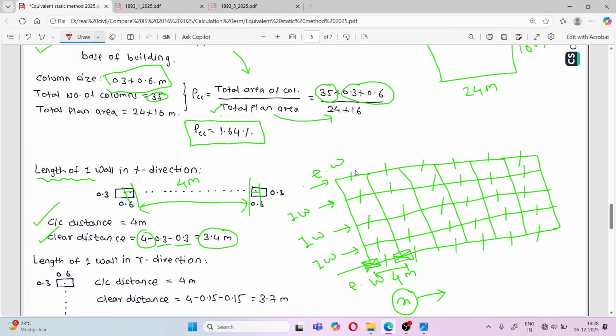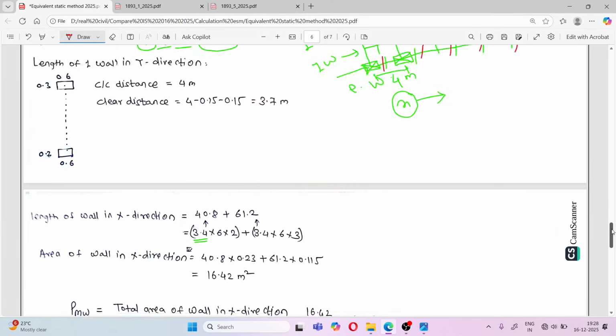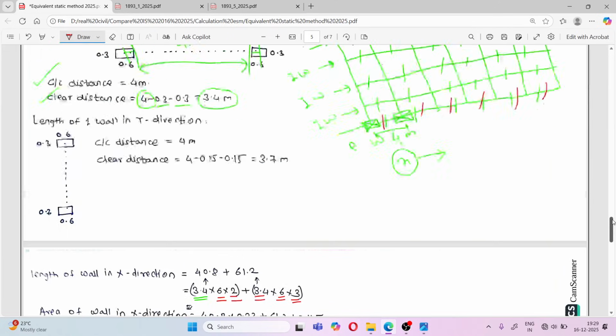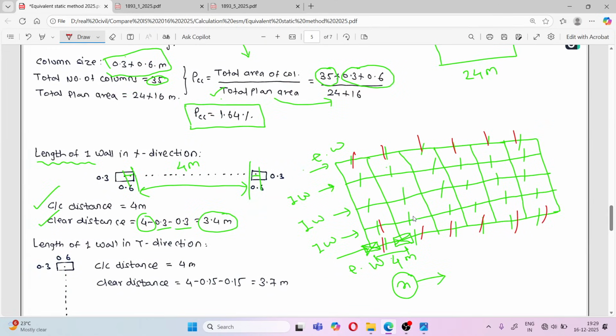The external wall consists of 1, 2, 3, 4, 5, 6, 7, 8, 9, 10, 11, 12 bays. In 12 bays, there is an external wall. So here you can see 6 into 2, similarly, 3.4 is the length of the wall, and 6 into 3. Here you can see 1, 2, 3, 4, 5, 6.